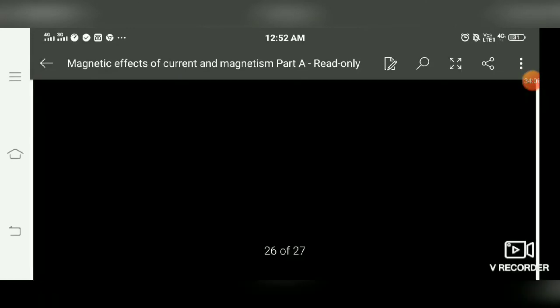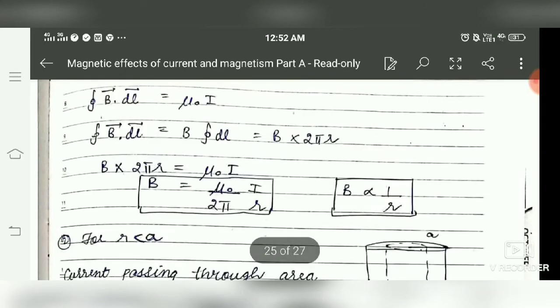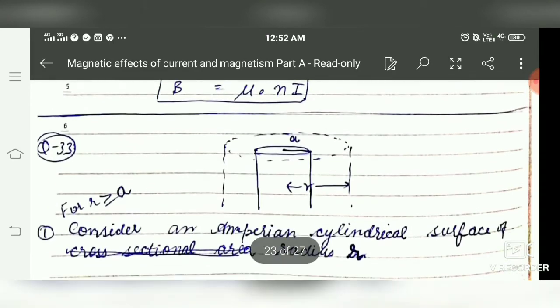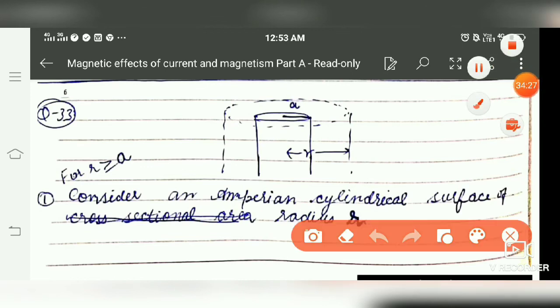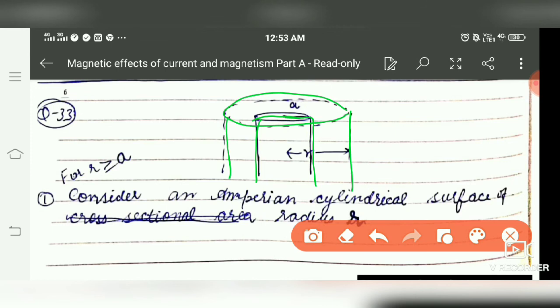Now next, a numerical is there. Consider an Amperian cylindrical surface of radius r where r is greater than a. Say this is a cylindrical wire of radius a. We have chosen an Amperian surface of radius r, where r is greater than a.